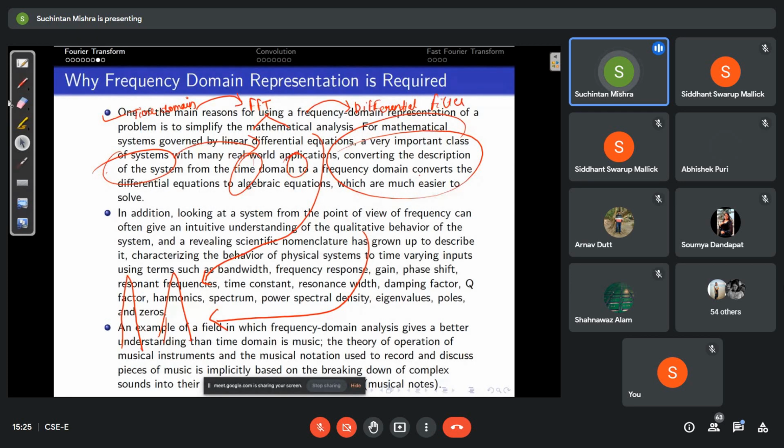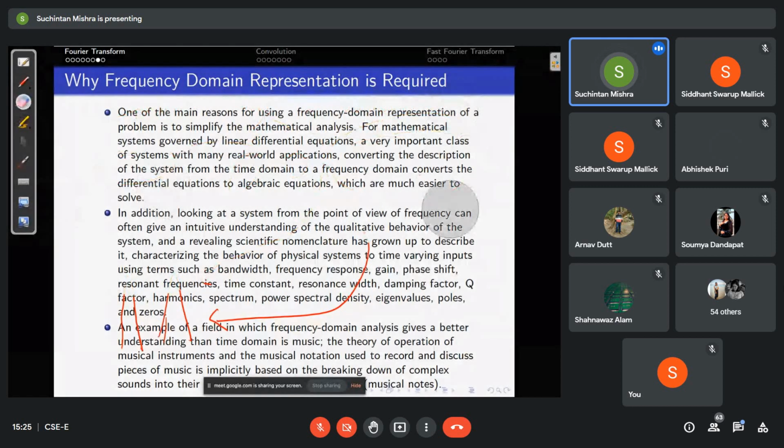To the next concept. It says, why do we have the frequency domain representation? We have the time domain representation. Why do we need to go for the frequency domain representation? The point is, one of the main reasons for using a frequency domain representation of a problem is to simplify its mathematical analysis.